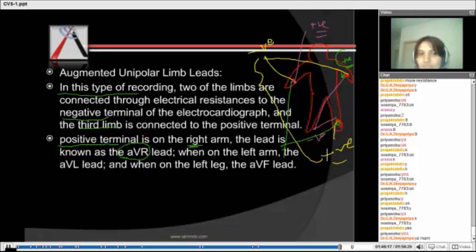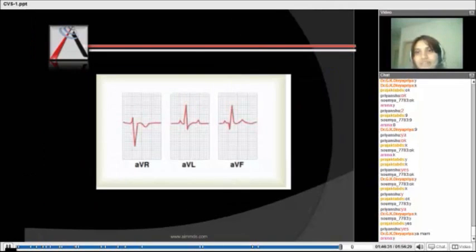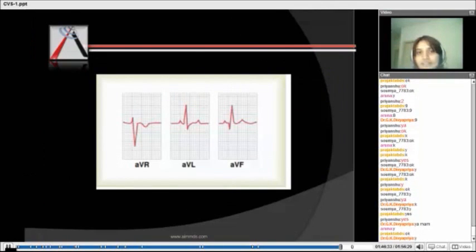When the positive is on the left arm, it is called the AVL lead, and when it is on the left leg, it is called the AVF lead. All clear? So this is how the AVR, AVL and AVF work. In AVR again we get a reverse impulse. Fine?